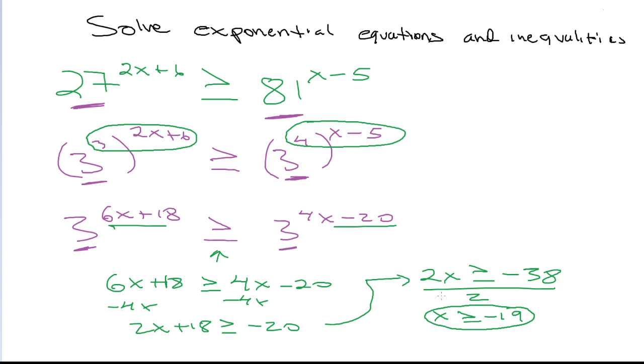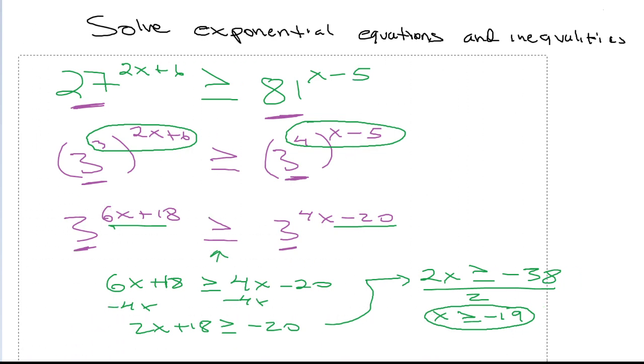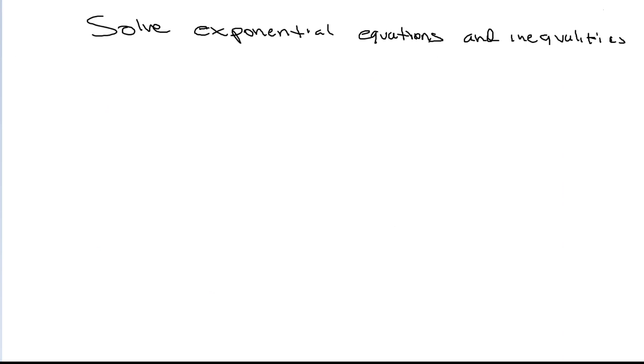In this case, we don't have that, but just as a reminder. So the answer here is x is more than or equal to negative 19. Okay, if you need to, pause this video, go back and rewind it. Let me know if you have any questions. Let's move on to the second part of the lesson.